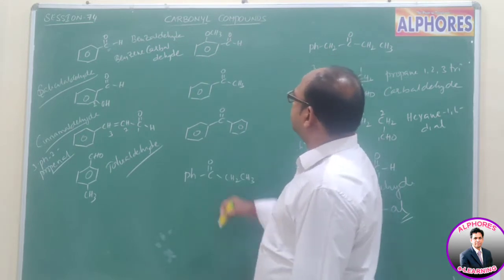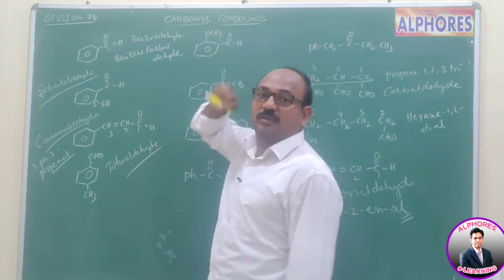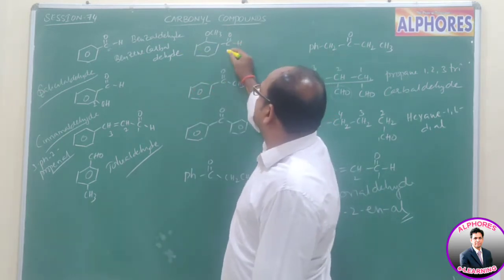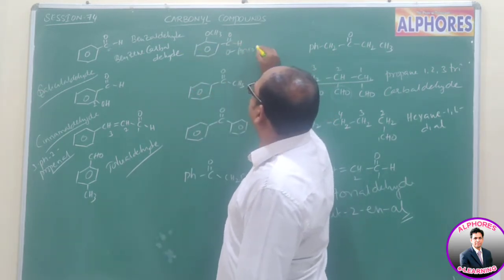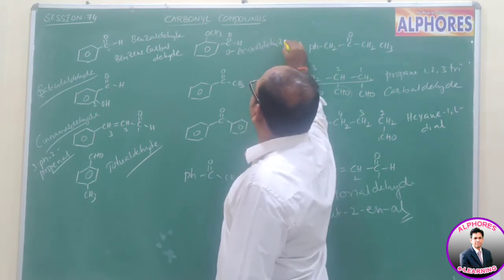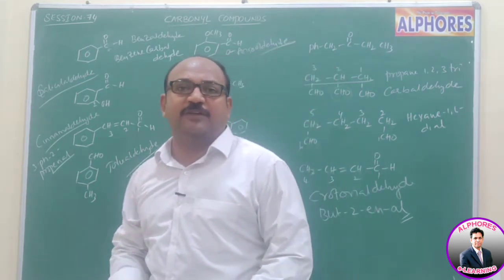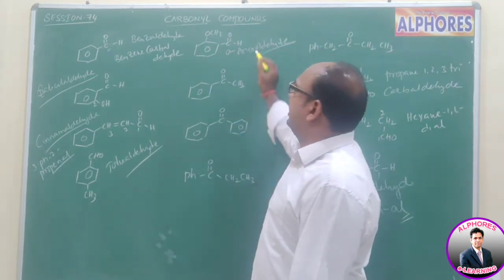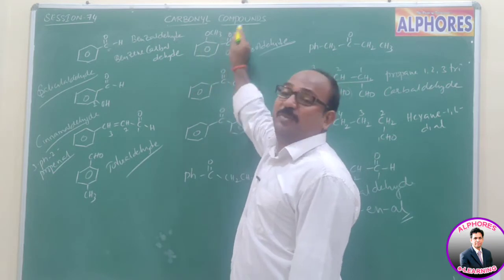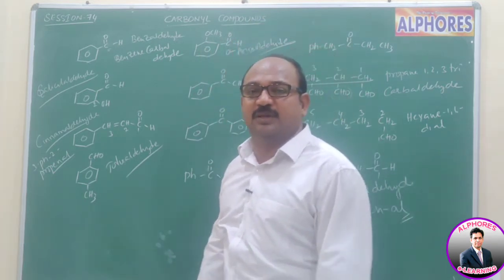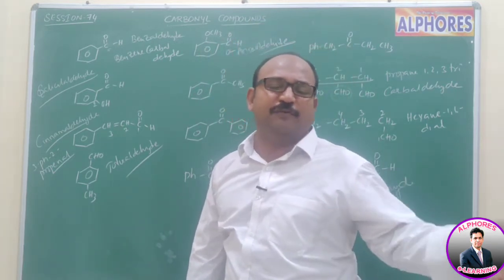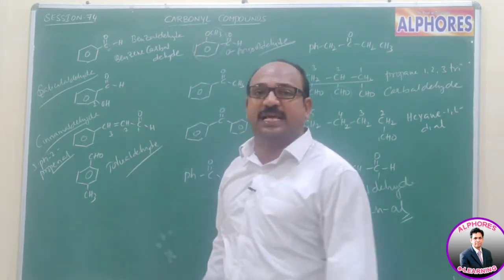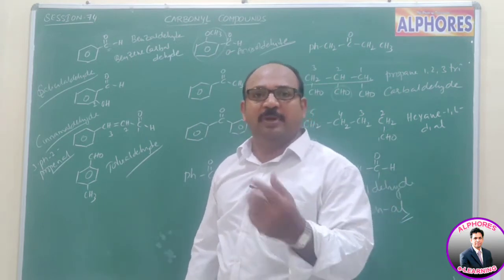And this one is anisole, so anisaldehyde, where ortho, ortho-anisaldehyde. It could also be para-anisaldehyde or meta-anisaldehyde. The IUPAC name is 2-methoxybenzene carbaldehyde. 2-methoxyphenyl methanol means this whole group is mentioned as 2-methoxyphenyl methanol.